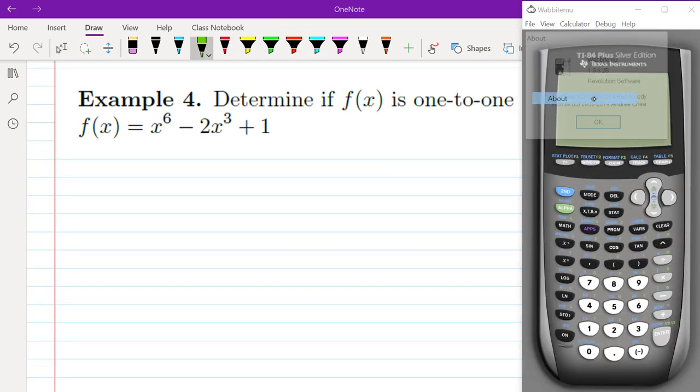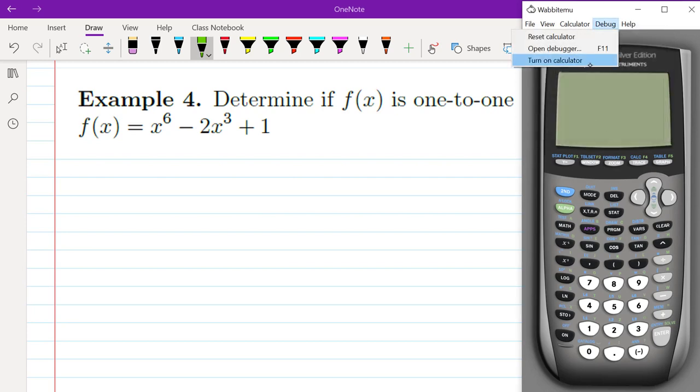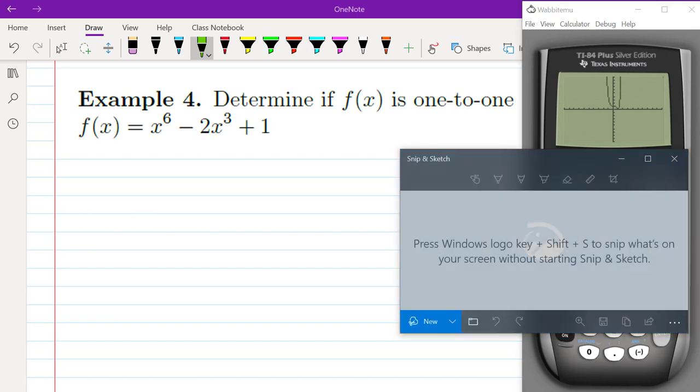So if we grab our graphing calculator and we go y equals x to the 6th power minus 2x cubed plus 1, and we go graph, we get something that looks like this.